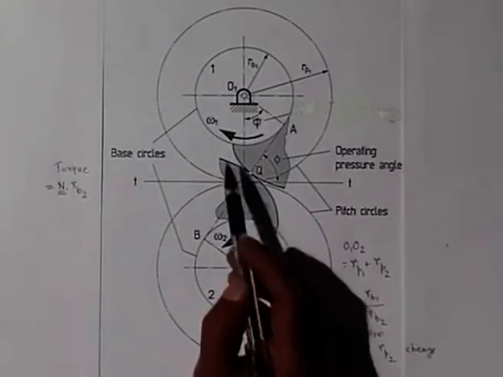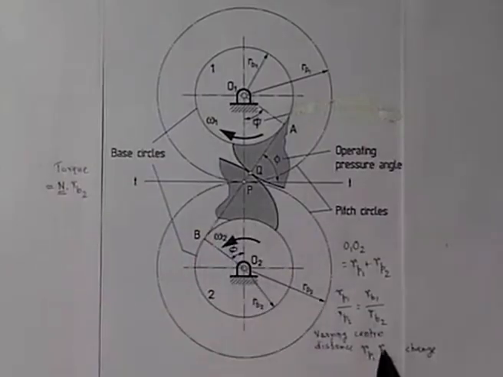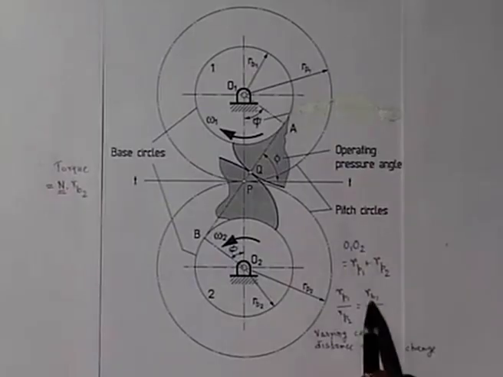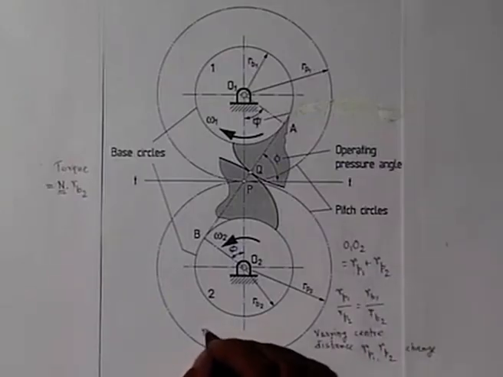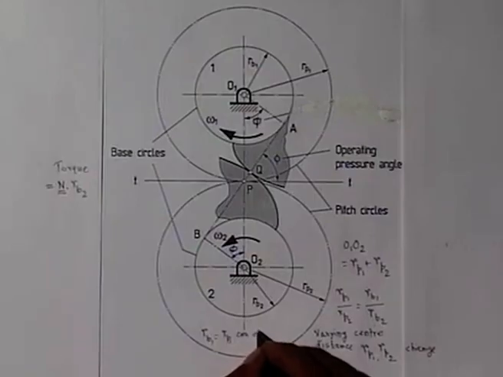So, the same angular velocity ratio omega 1 to omega 2 is maintained. The only thing that changes, because Rp1 and Rp2 are changing, is phi, because Rb1 is Rp1 cosine phi, where phi is the pressure angle.